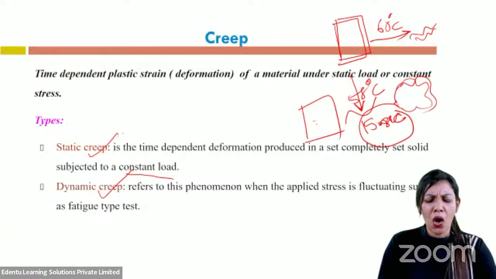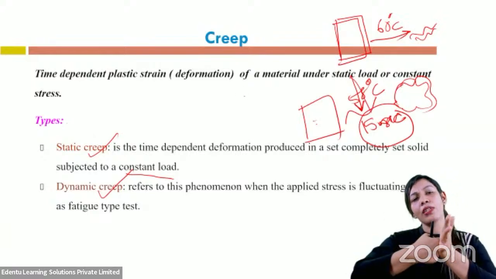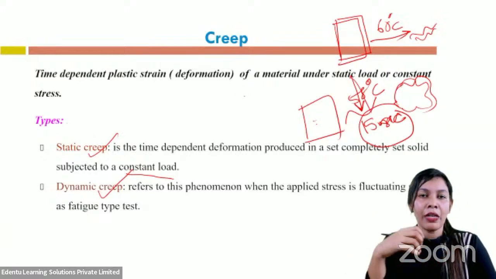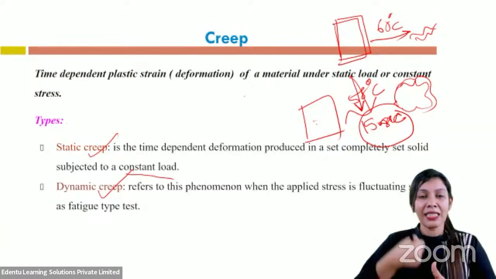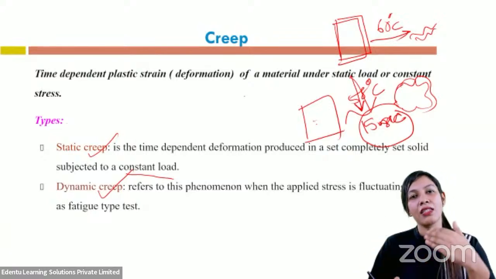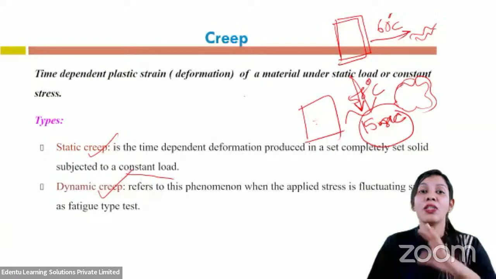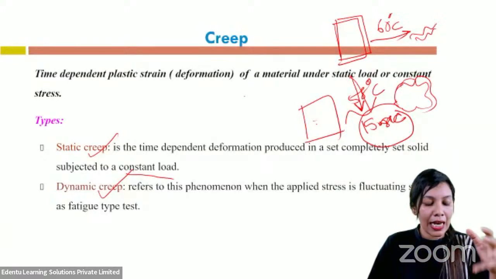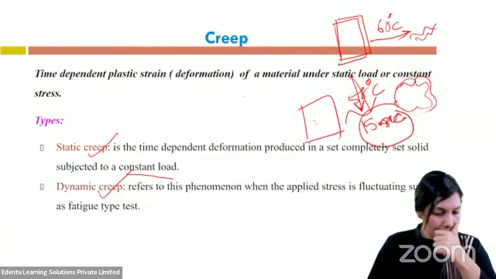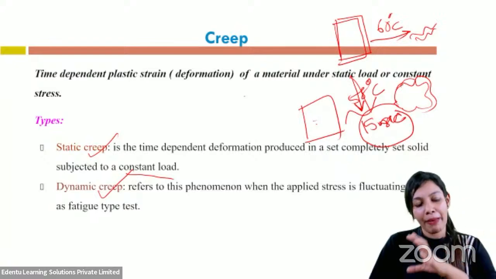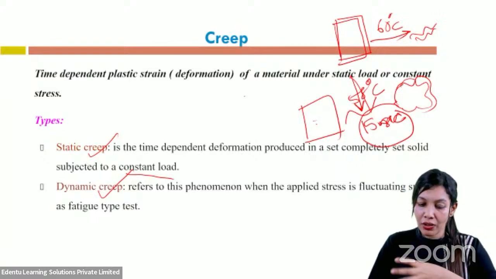If we apply a constant force continuously, it is a static creep. If we give a fatigue type of test force, or changeable or fluctuating forces, it is called a dynamic creep. So keep in mind, creep is a time-dependent plastic deformation.